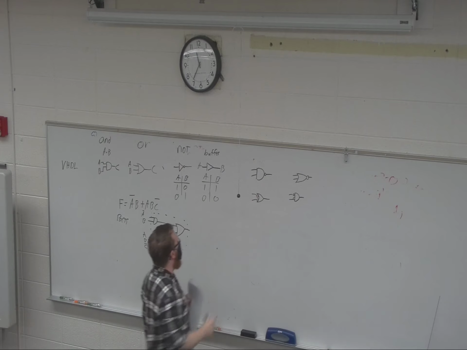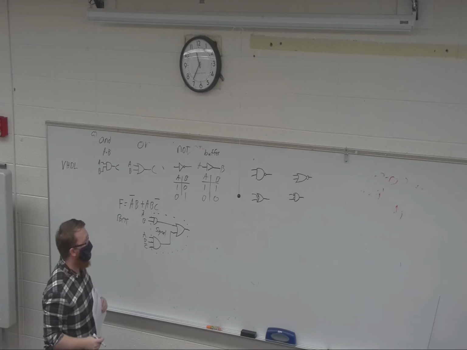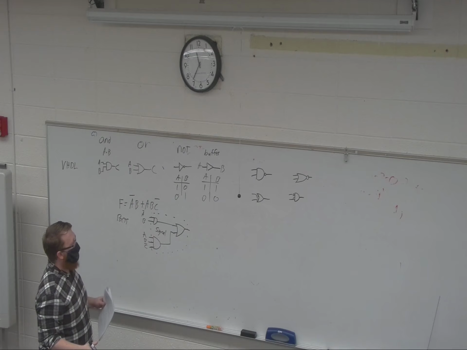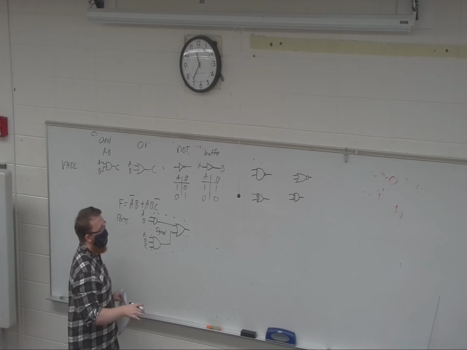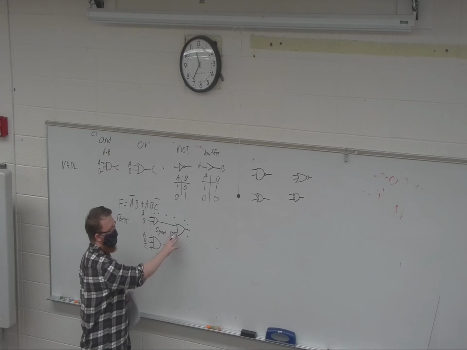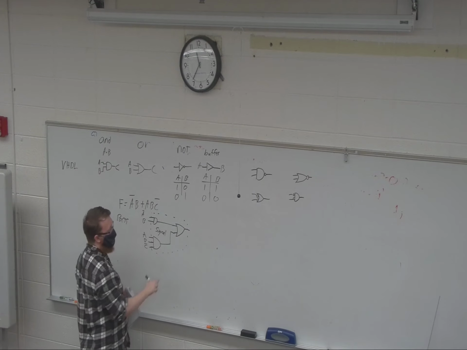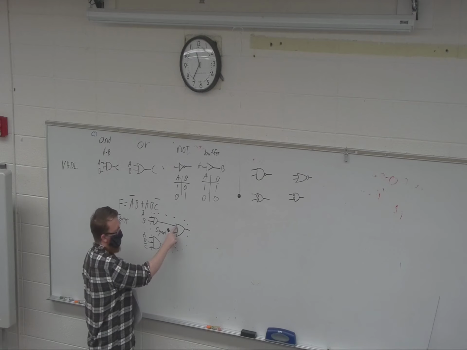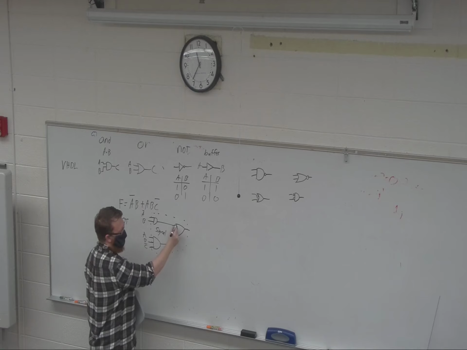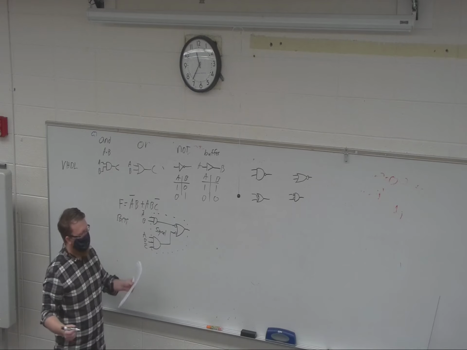Now what's kind of nice is that we can start identifying what this circuit roughly looks like. And so I already have an OR gate. Let's just doodle it into a NOR gate.